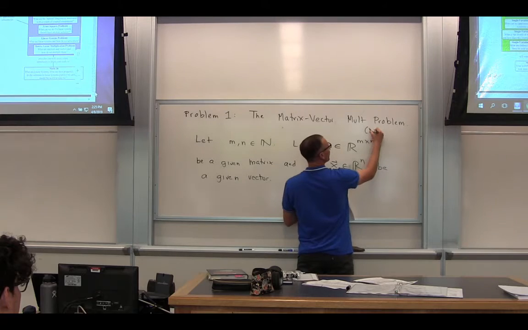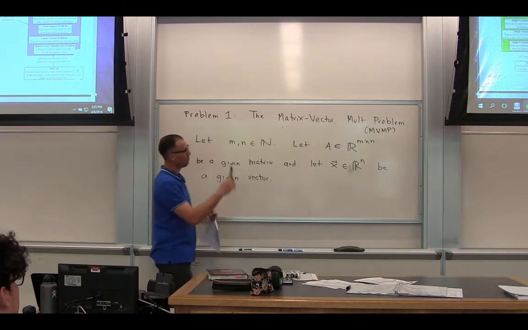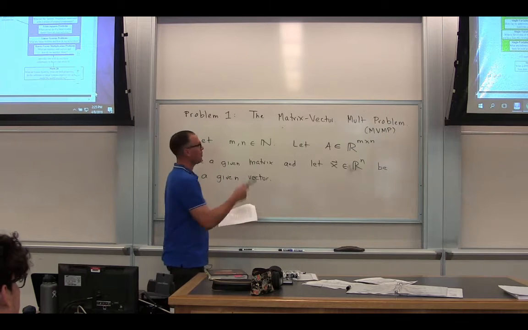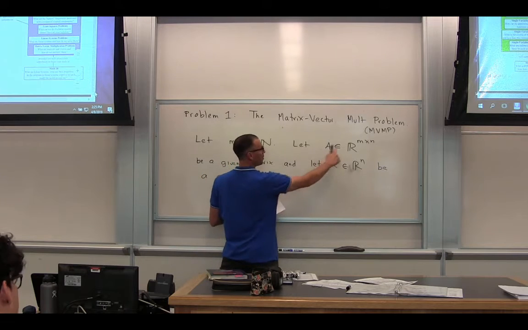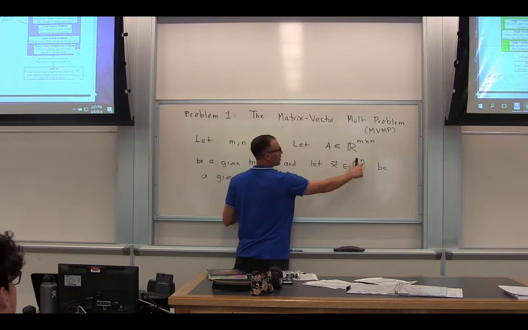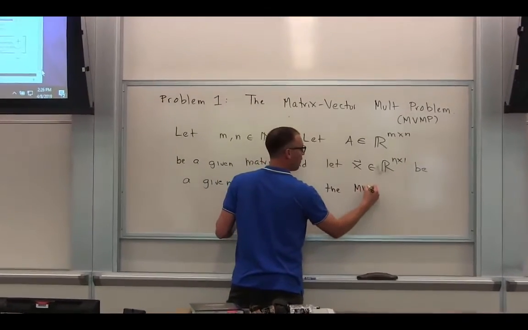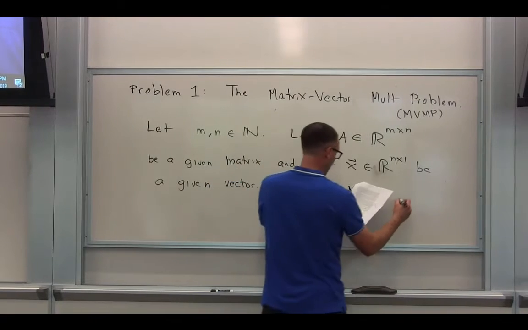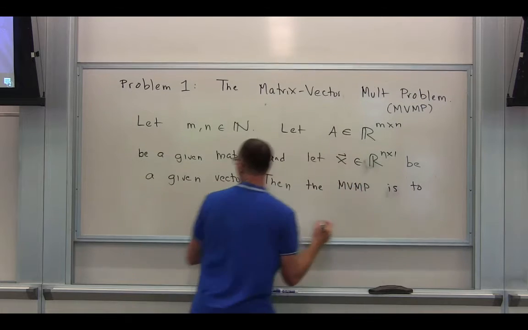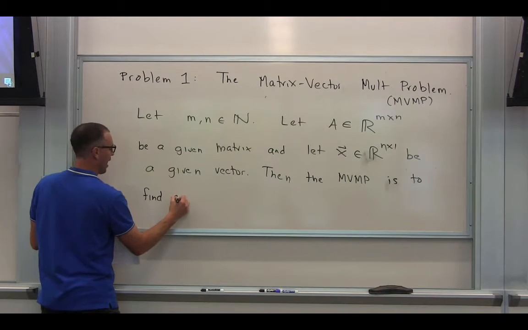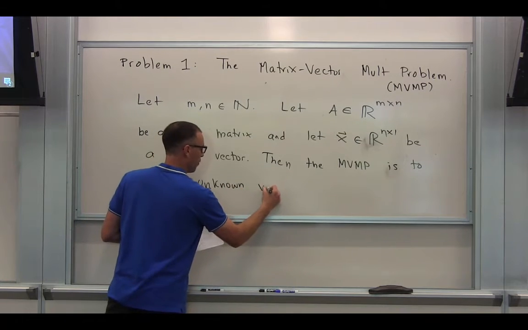Okay. I like to shorten this, so I'm going to call this the MVMP. Could you guess what that stands for? You got it, matrix vector multiplication problem. So if I have a given matrix that's m by n and a given vector that is n by 1, then the MVMP is to find an unknown vector.